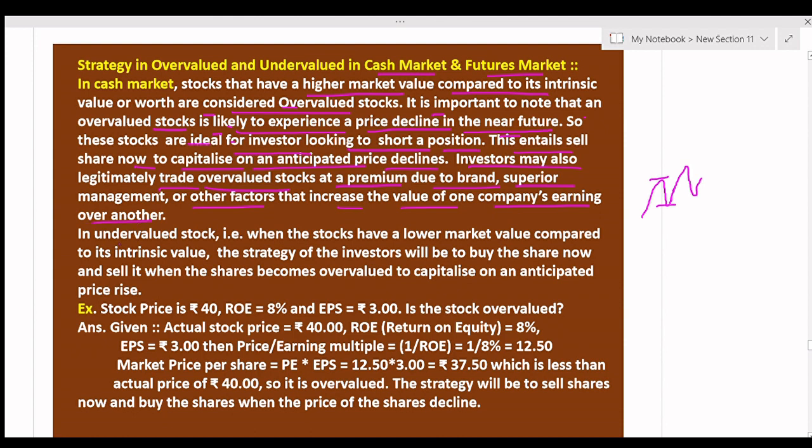In undervalued stock, that is when the stock has a lower market value compared to intrinsic value, the strategy of the investor will be to buy shares now and sell them when the shares become overvalued, to capitalize on anticipated price rise.